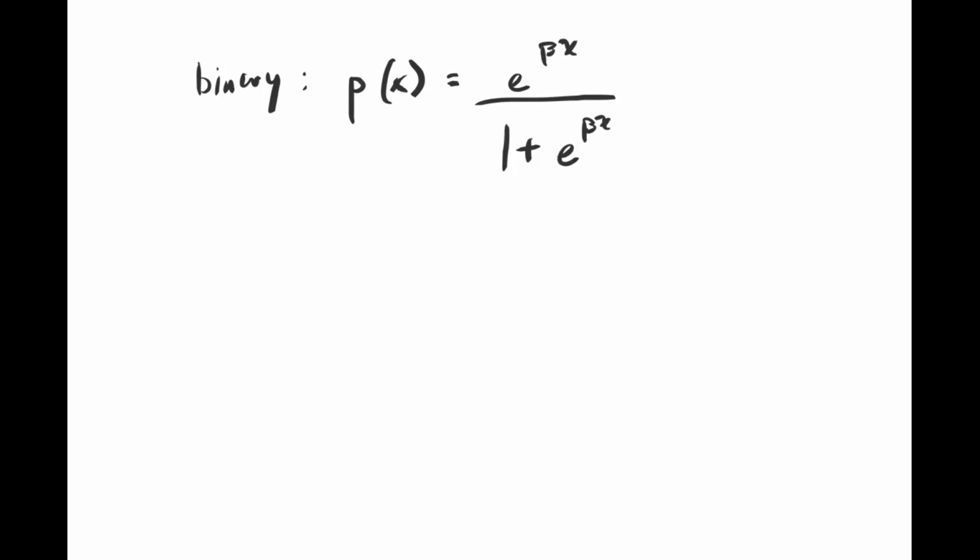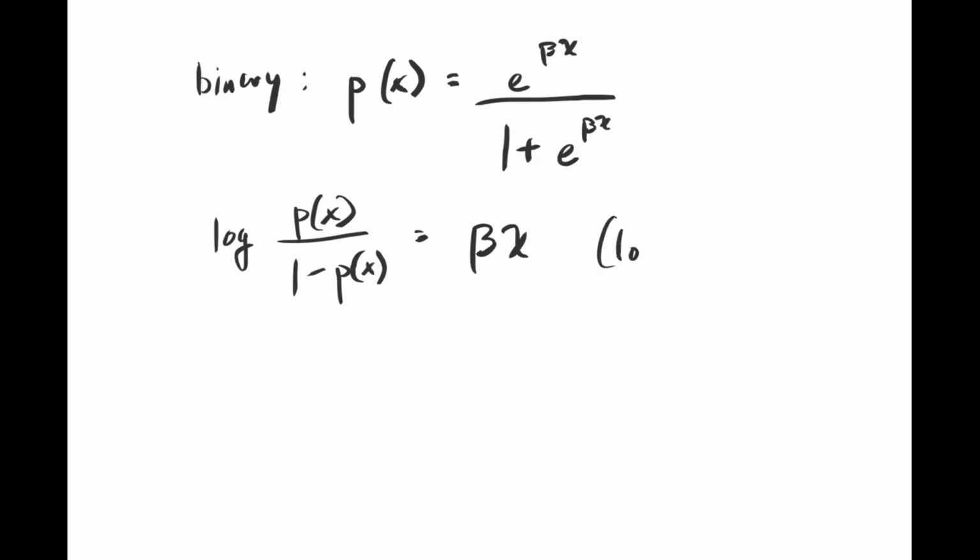So when we consider the form of the equation where you have the log odds, so the log of probability over 1 minus the probability is equal to beta x, this is known as the logit, and we transform that into this equation, which is known as the inverse logit, which is also known as the logistic.